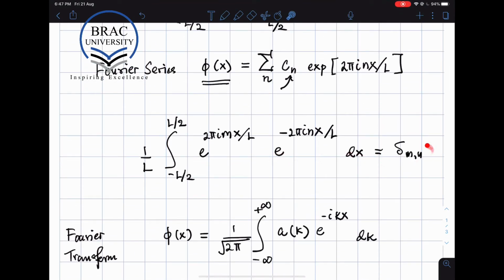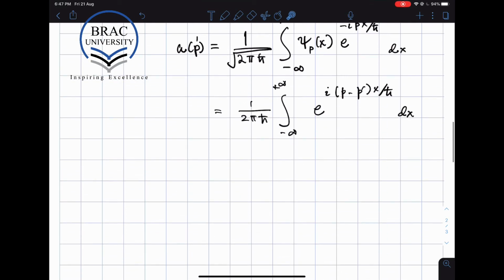So let's look at the properties of the Kronecker delta. What is a Kronecker delta doing? When the discrete momentum mode here, m is equal to n, it's 1. But when they are not equal to each other, this is 0.